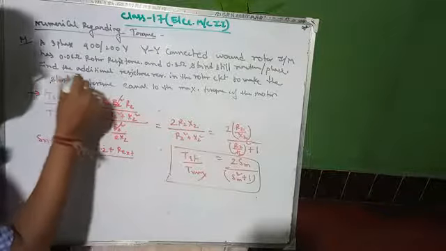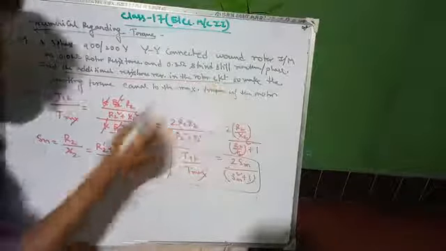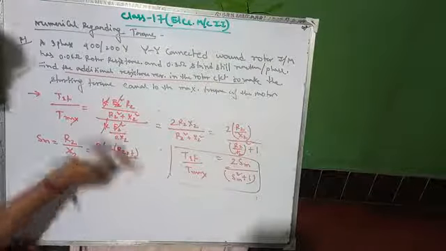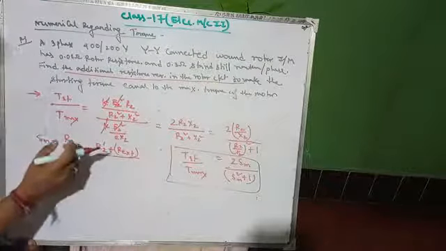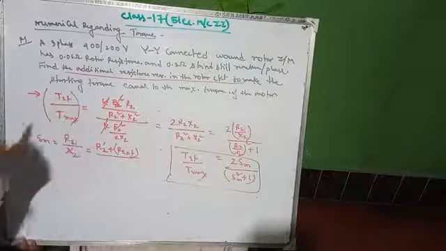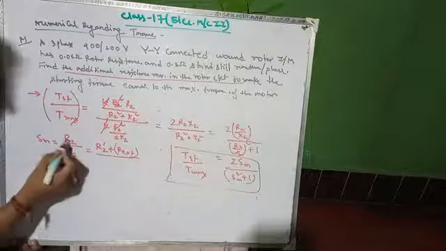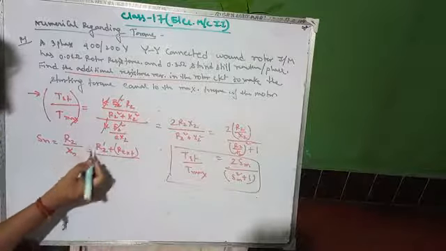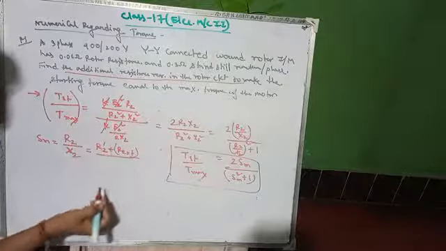So what is the additional resistance required in the rotor circuit? Let us consider Rext is the additional resistance we have to add to make the starting torque equal to the maximum torque.